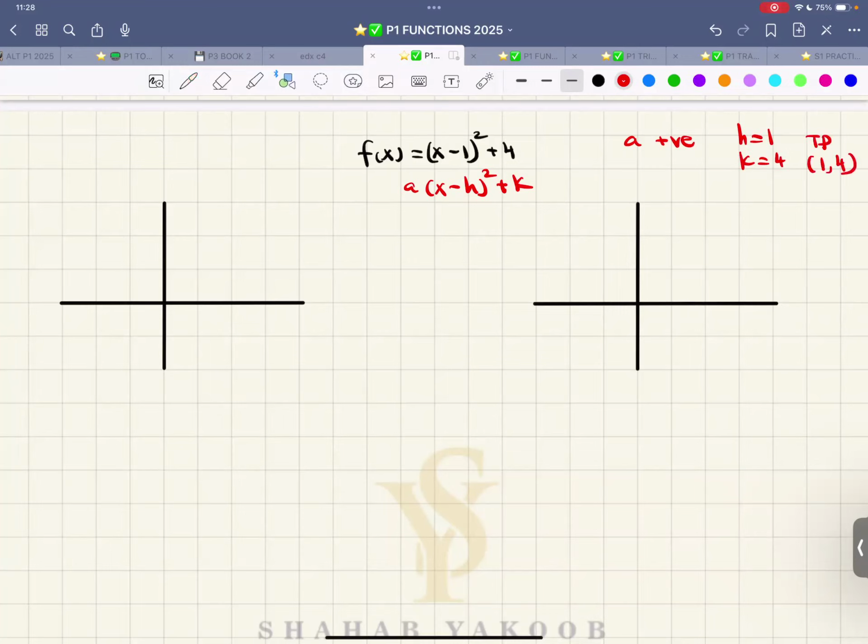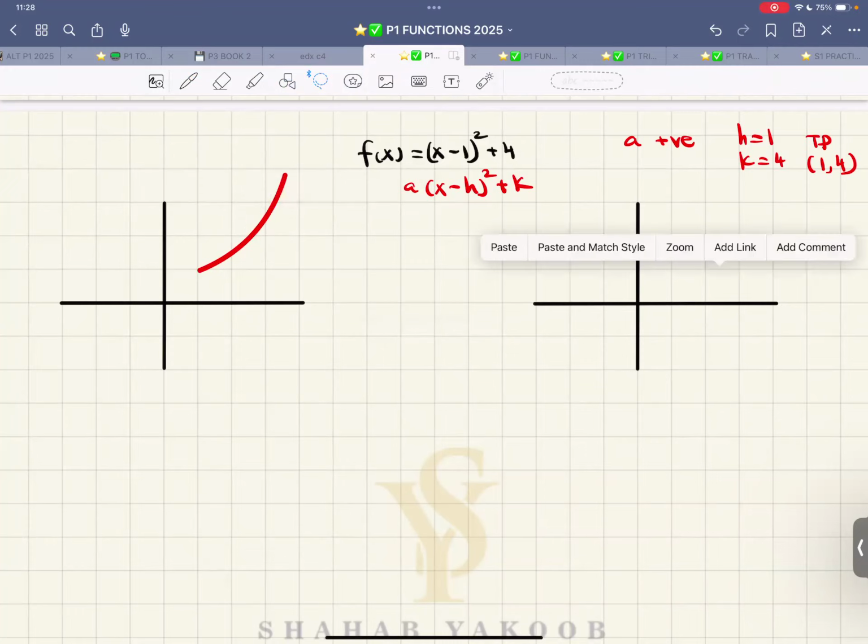Now, let me draw 2 images of the same graph, actually 4 images. So first of all, let me draw it this way, like this. Let me just copy it. And like this.